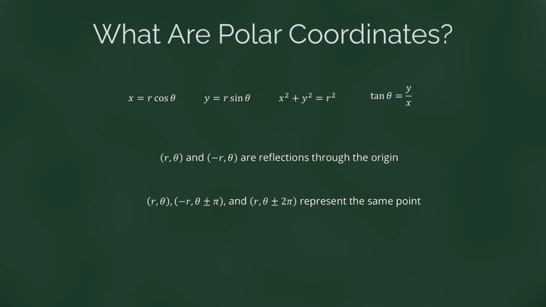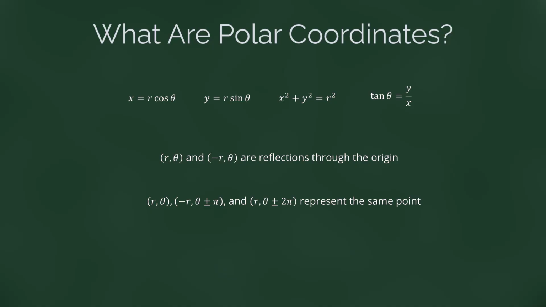We also know that the point (r, theta) and the point (negative r, theta) are reflections of one another through the origin, and (r, theta), (negative r, theta plus or minus pi), and (r, theta plus or minus 2 pi) are all equivalent ways of identifying the same point.